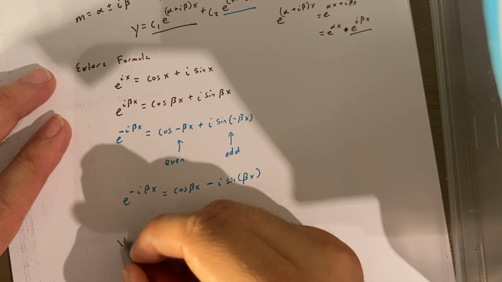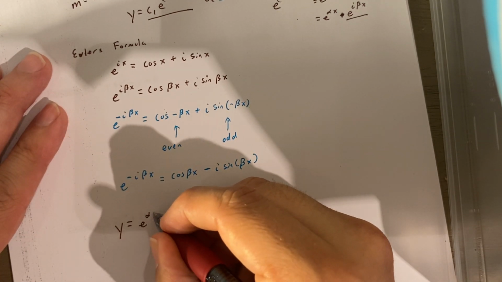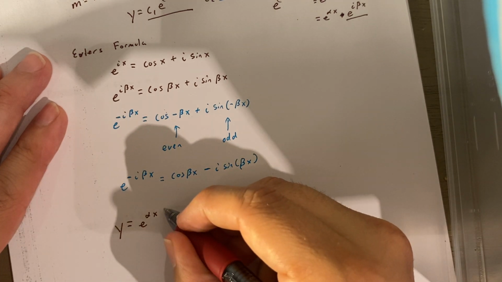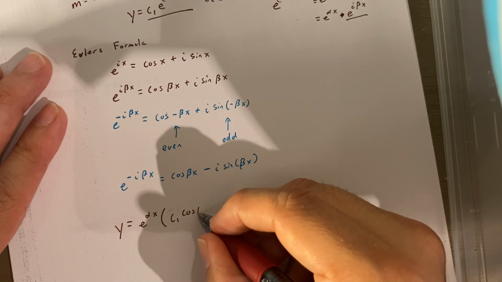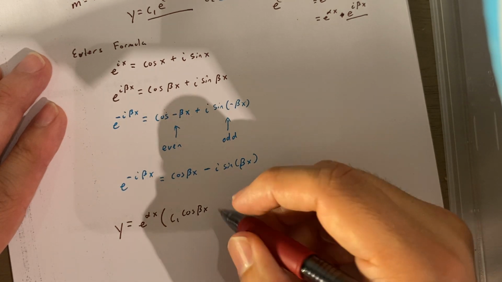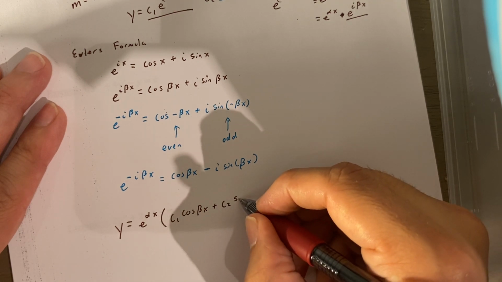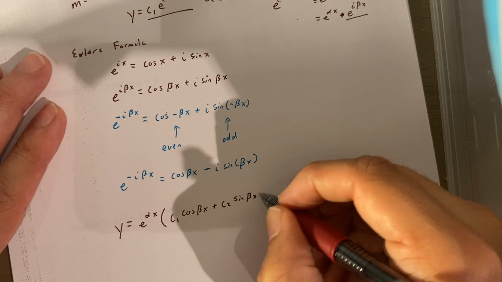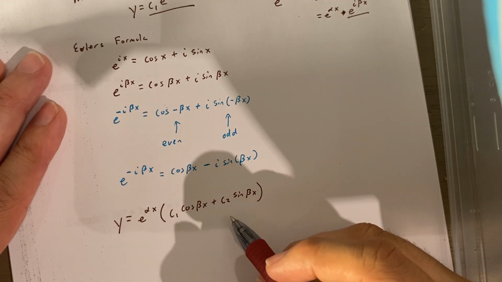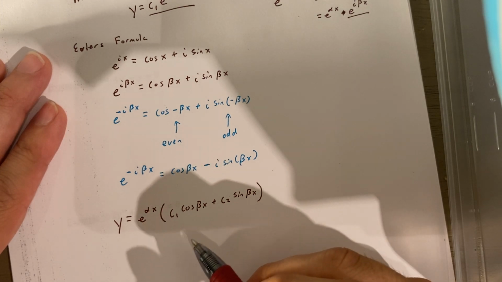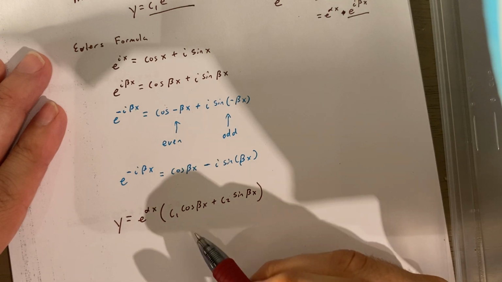And that is, here's our general solution: y is equal to e to the alpha x times c sub 1 cosine beta x plus c sub 2 sine beta x. And so this is what's going to be our solution when we have complex roots with a differential equation with constant coefficients.